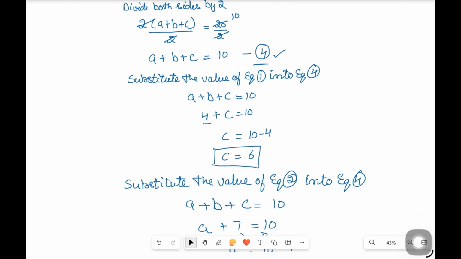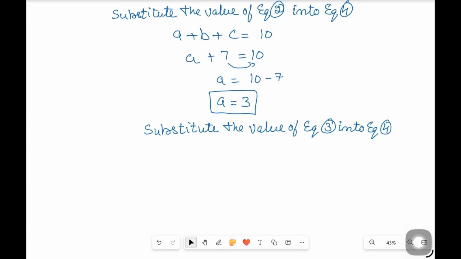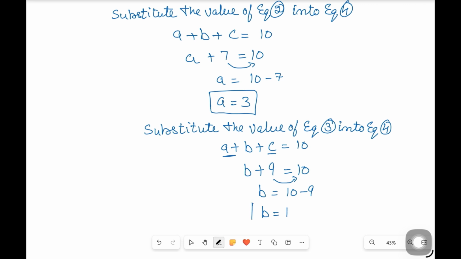So we will substitute the value of c plus a is equal to 9 in equation 4. So our equation 4 is a plus b plus c is equal to 10, and the value of a plus c is 9. So we will write here b plus 9 is equal to 10, because a plus c is equal to 9. So we will find out the value of b from here. We will shift 9 to the right hand side, and it becomes 10 minus 9. We will get the value of b. So b is equal to, when we subtract 9 from 10, the answer will be 1. So b is equal to 1.